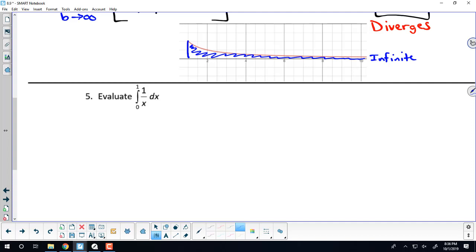So if we have time, we can look at that, but the issue with this one here is that 0 is not in the domain of the integrand.